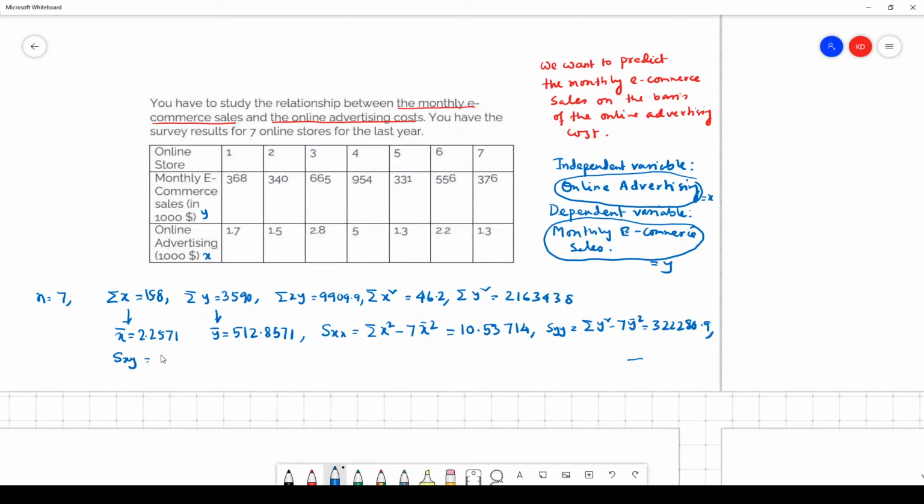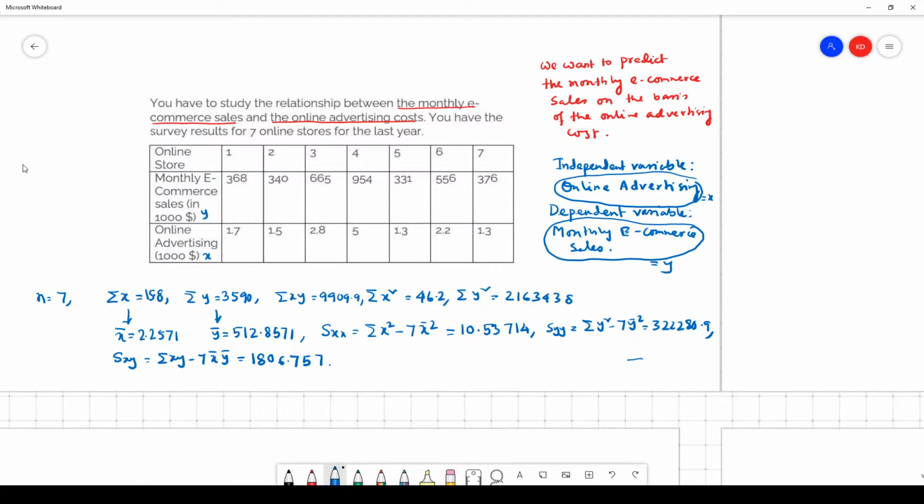SXY is equal to summation xy minus 7 x bar y bar, this is equal to 1806.757. So please do all these calculations and tell me. Thank you, Shayok.